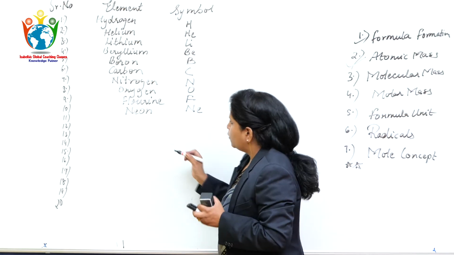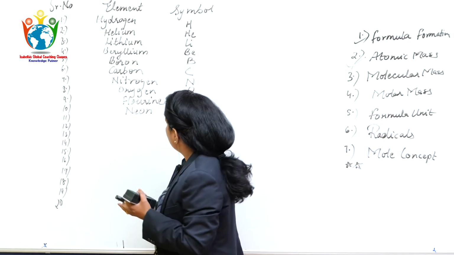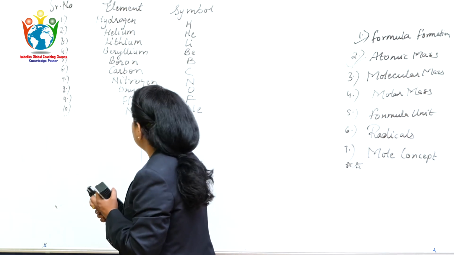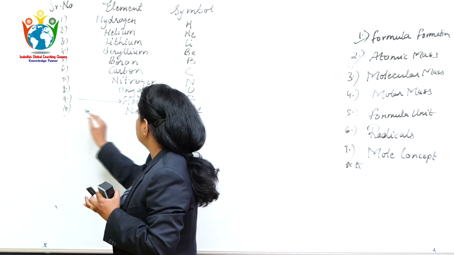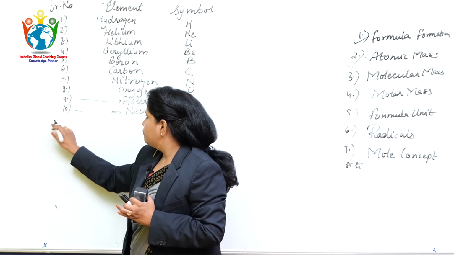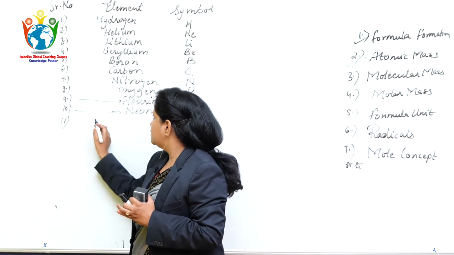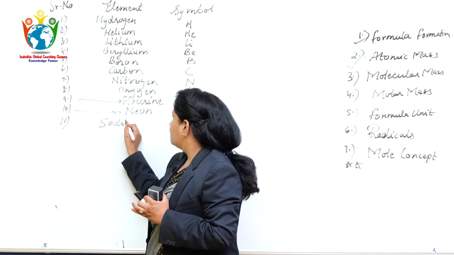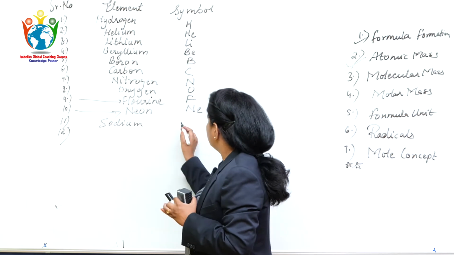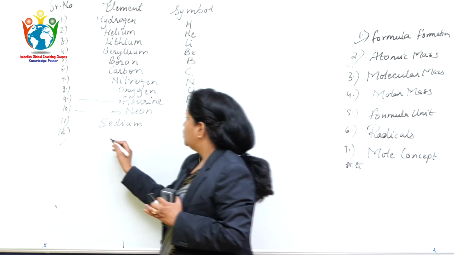Now I am running out of space, so I'll just make an arrow. This is this, this is this. 11th, I'll write down 11, that is sodium. 12th. Sodium symbol is Na.